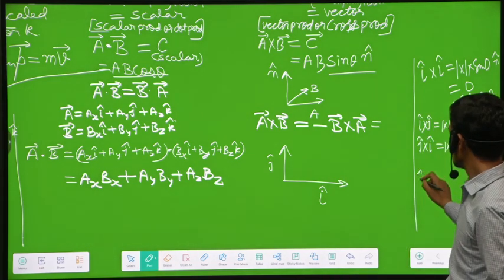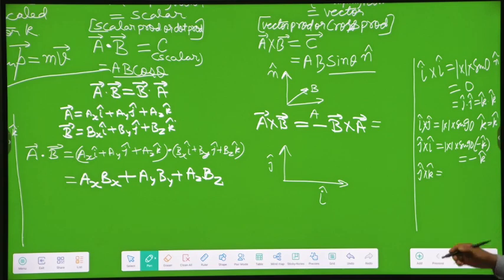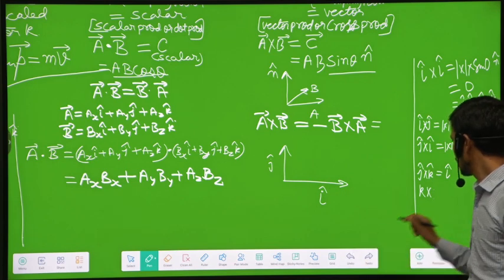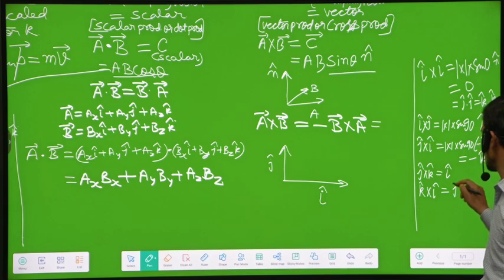Similarly, j cross k, you can check yourself, or you can trust me as well as try it out. j cross k is i cap. k cross i is j cap.